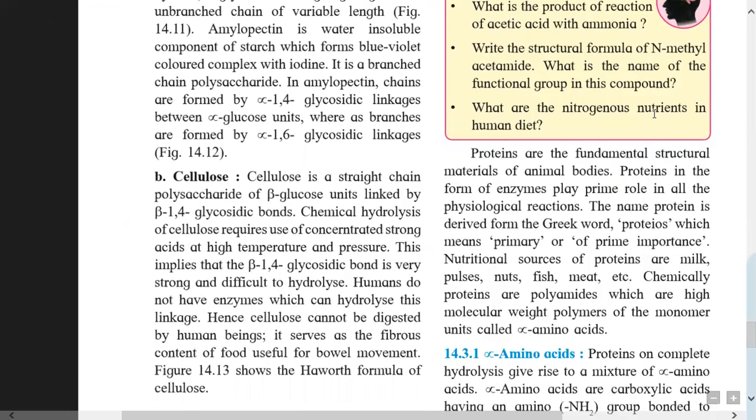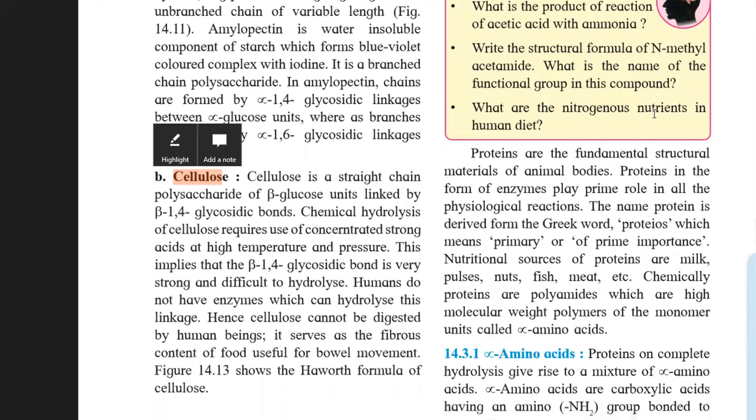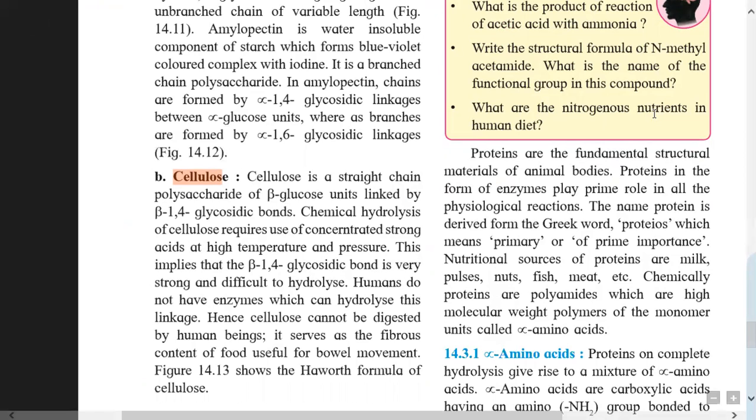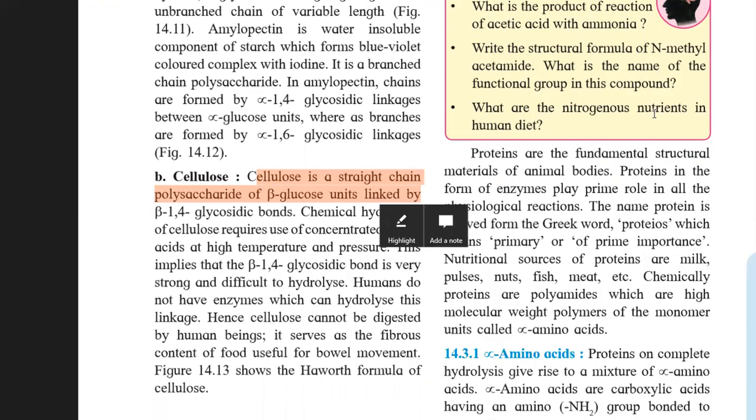Now the second polysaccharide example that we will study is cellulose. We had already studied that cellulose is present in plants. It forms the cell wall in all plants. Cellulose is a straight chain polysaccharide of beta glucose. We know what beta glucose is.